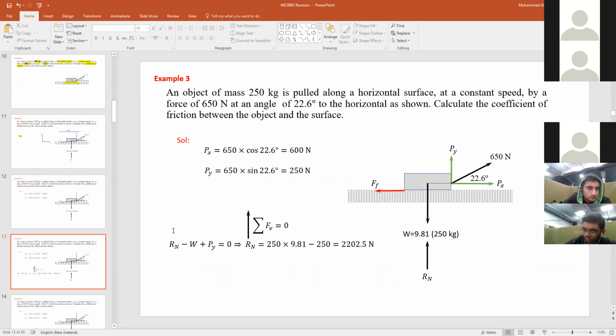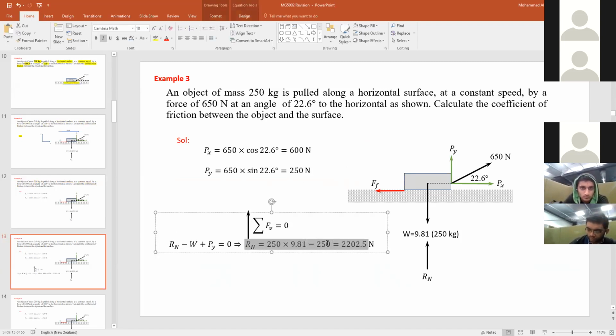So what do you have? The normal force is a positive value, minus the weight, which is a negative value because it goes downwards, towards the gravity acceleration, plus the component Py, the 650 times sine 22.6, which is 250.